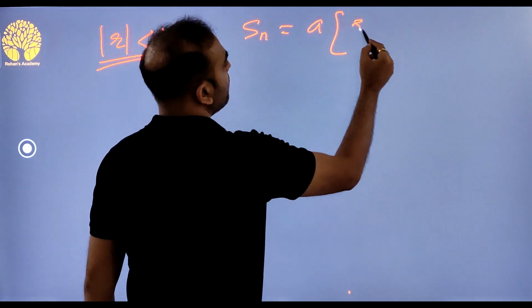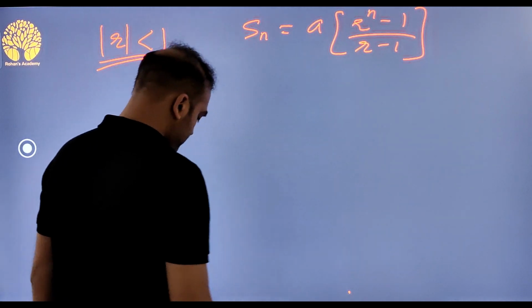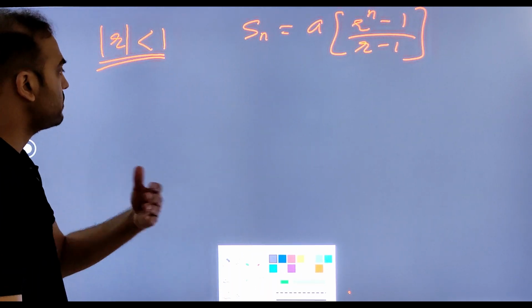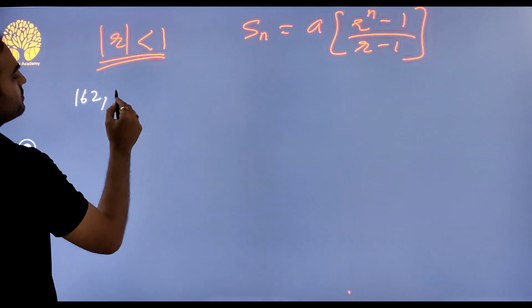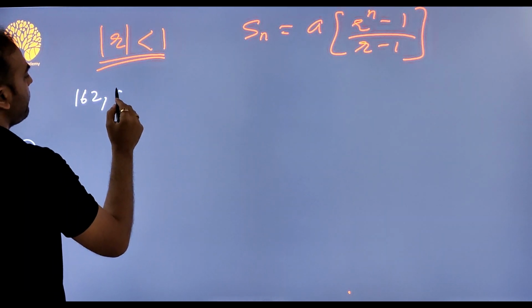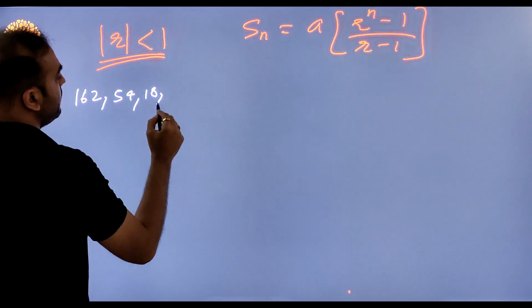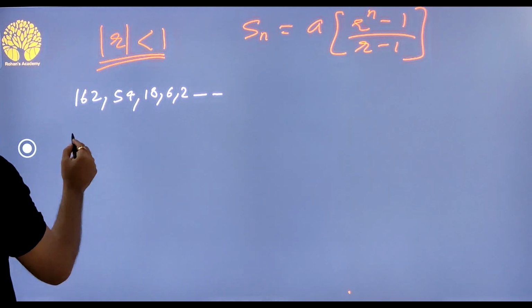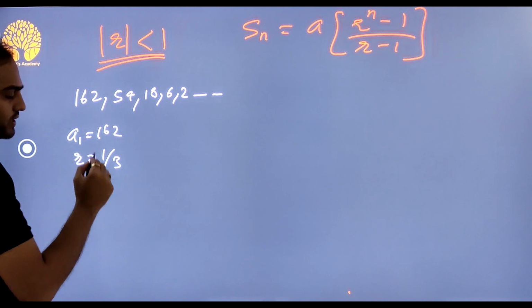a into r power n minus 1 by r minus 1. Let's look at the reverse of the previous series. We have 162, then 54, then 18, 6, 2, and so on. Now a1 is 162, r is 1 by 3.